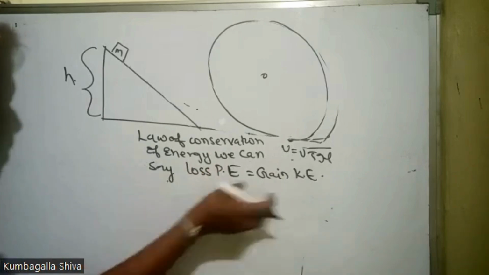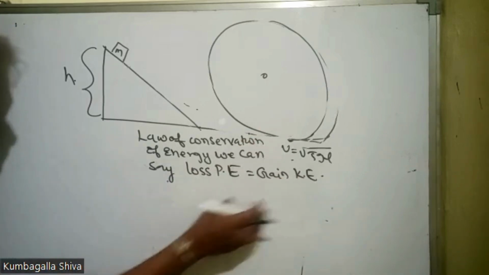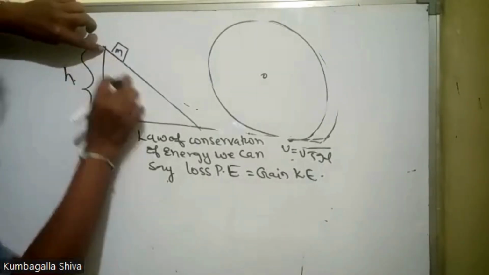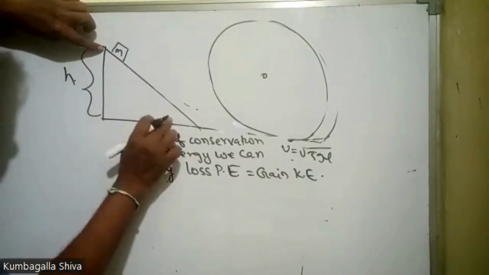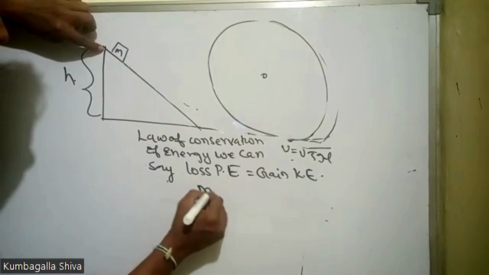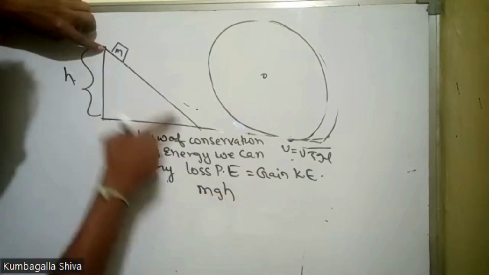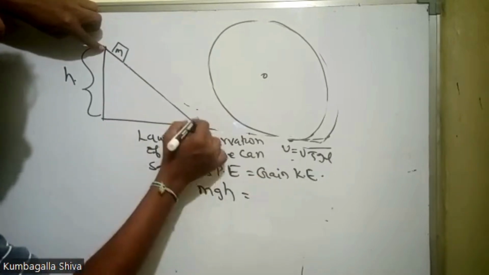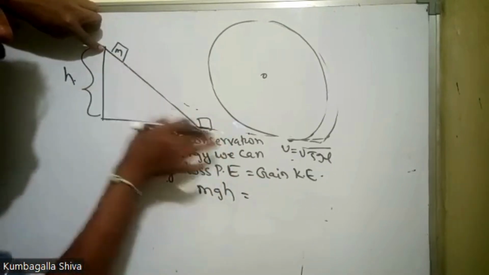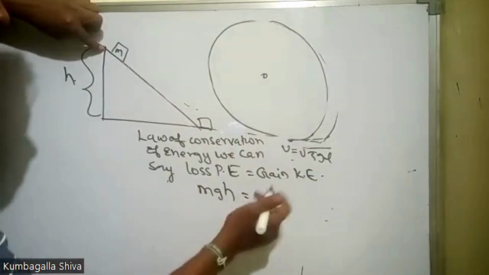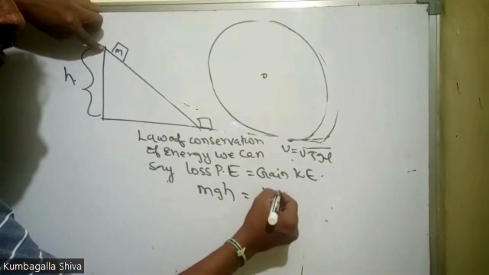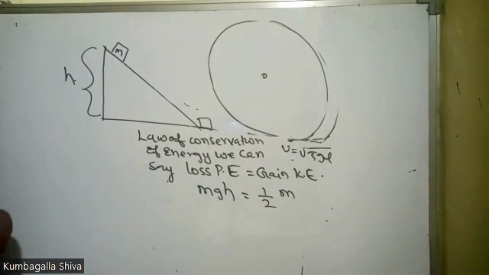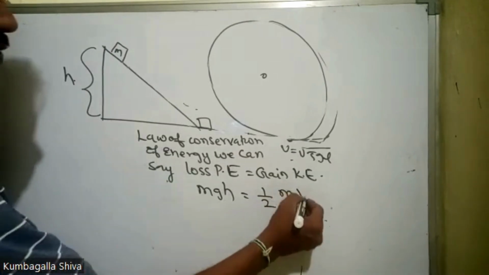So it is falling from a certain height, meaning there is a loss in potential energy, then we write it here as mgh because it's coming from a height, and there is a gain in kinetic energy. At last you see here the object has come and it is moving, meaning there is kinetic energy that we write as half mv square.